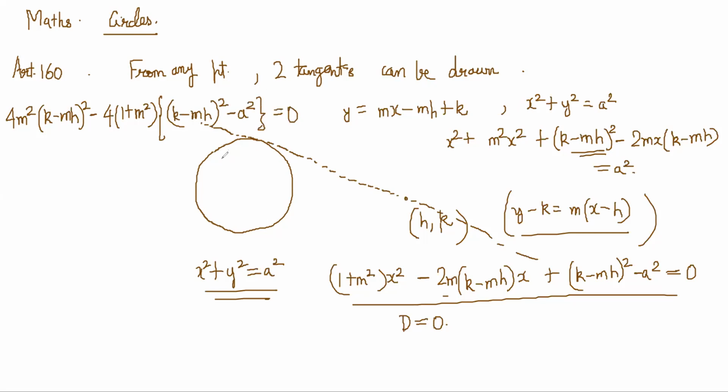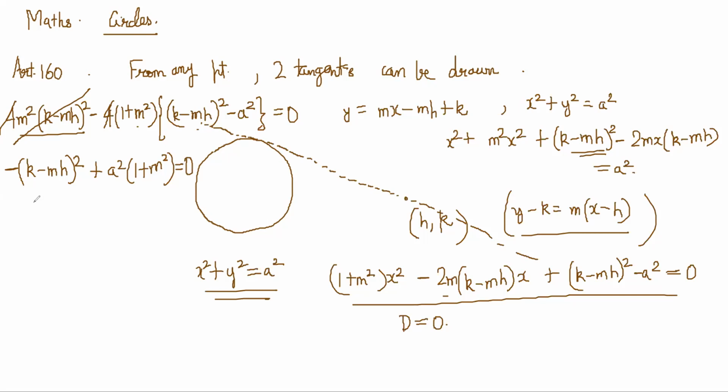And 4 goes away. How would you simplify it? We can simplify it nicely, because m square into this and m square into this will cancel. 1 plus m square will break as 1 plus m square into this, so the m square terms completely cancel. So we'll have minus (k minus mh) whole square, and then minus into minus, so plus a square into (1 plus m square), equal to 0. This is the condition for tangent.